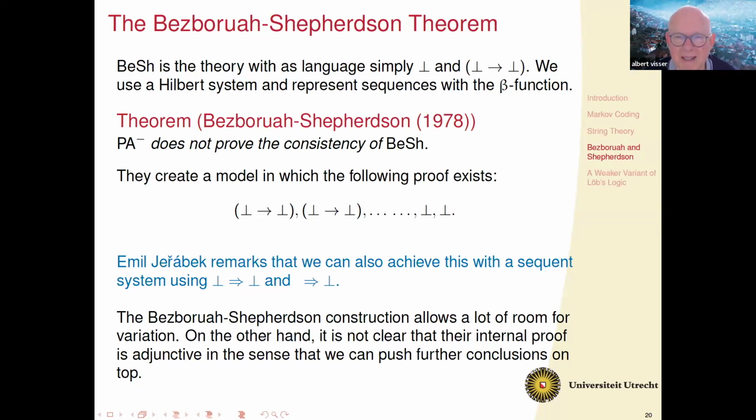That's quite difficult for the Markov coding, whereas for the Gödel coding, it's easy. But then, of course, the Markov coding is quantifier-free, and concatenation is simply multiplication. So it has very good properties there.